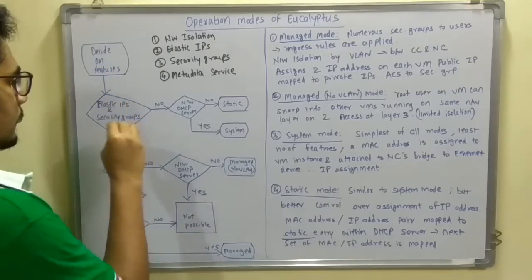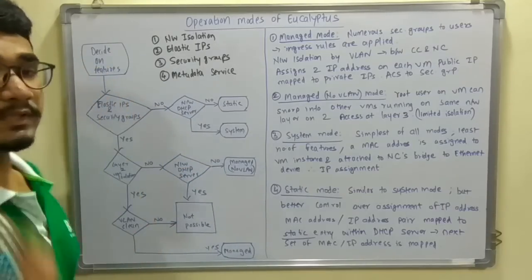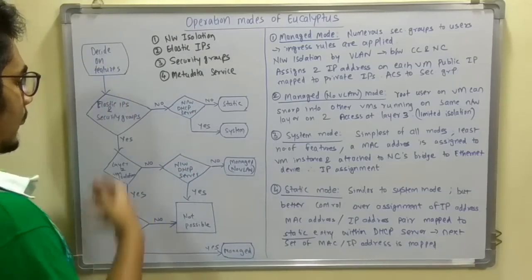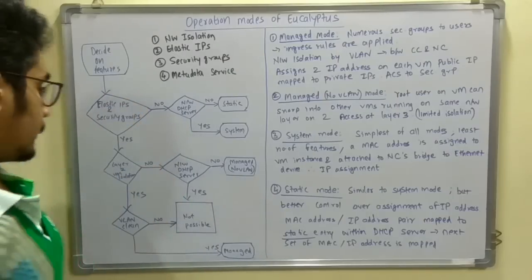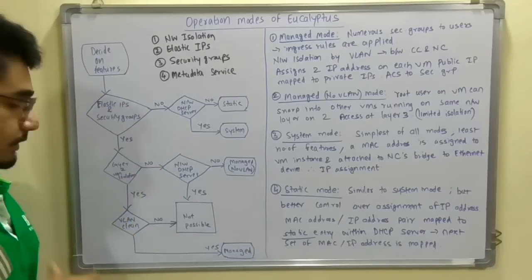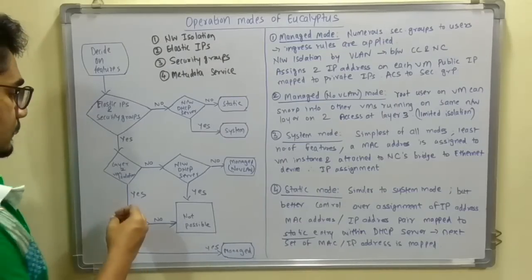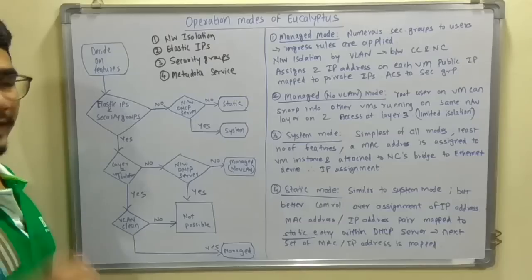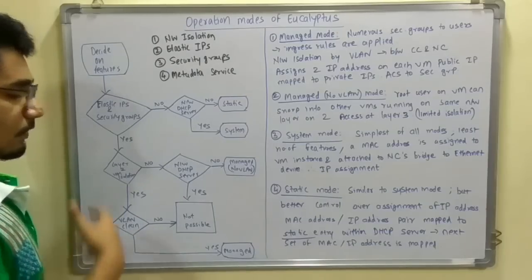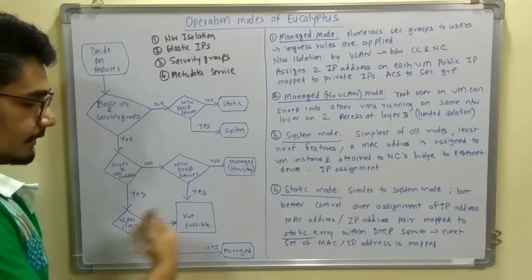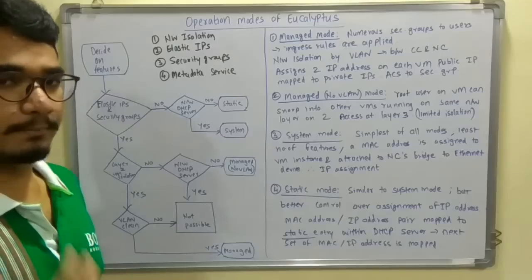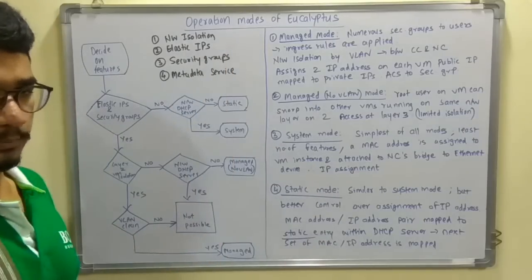Then if you select the elastic IPs along with the security groups, and if you also have layer 2 VM network isolation, also a VLAN, that is, you do the network isolation perfectly, then you will opt for the managed mode, that is the very first mode.